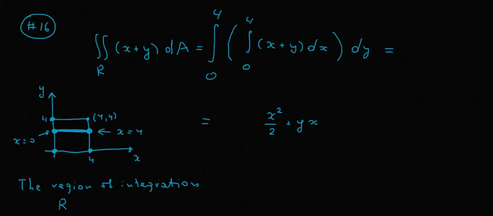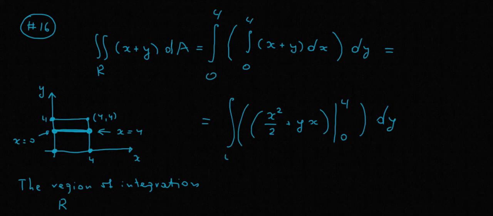We will evaluate this antiderivative at the endpoints of the interval of integration, 0 and 4, and then calculate the difference, and that gives us the value of the first integral from 0 to 4 of x plus y dx. Once we've done that, we will integrate the result with respect to y, again from 0 to 4.